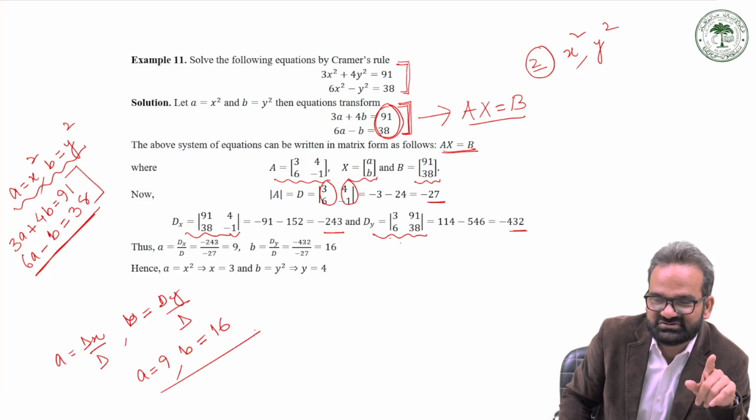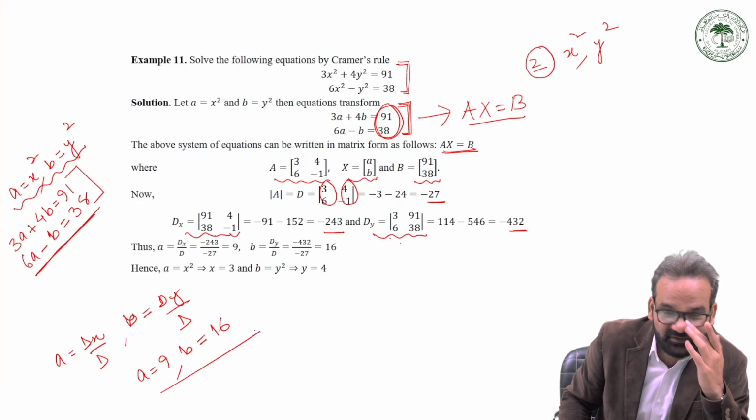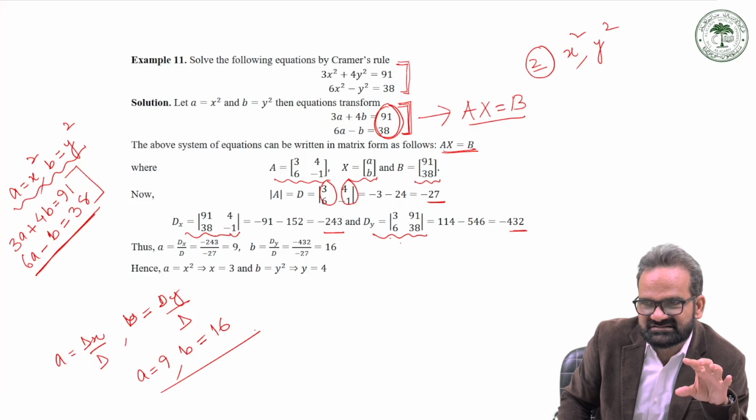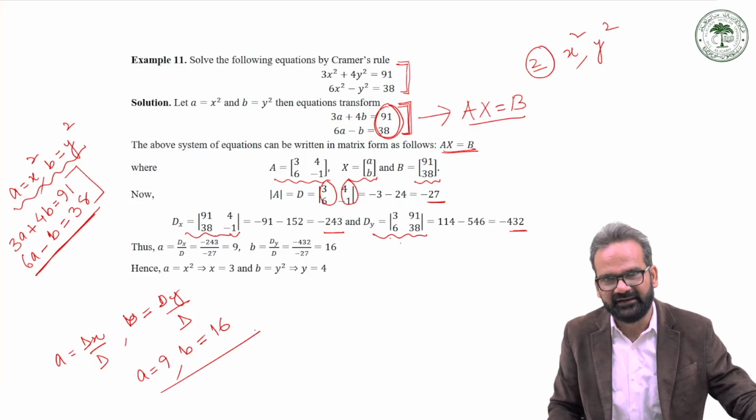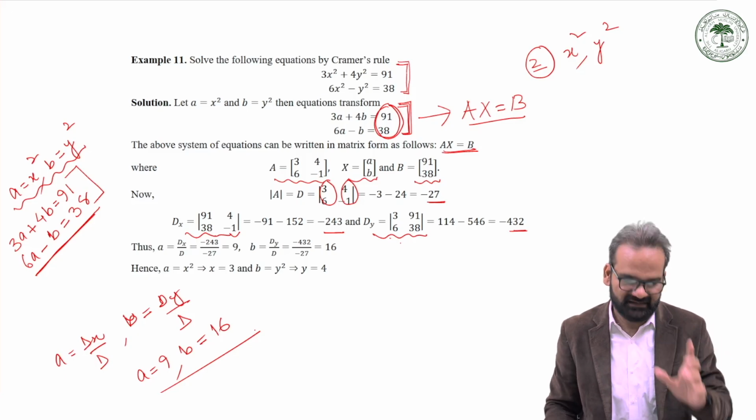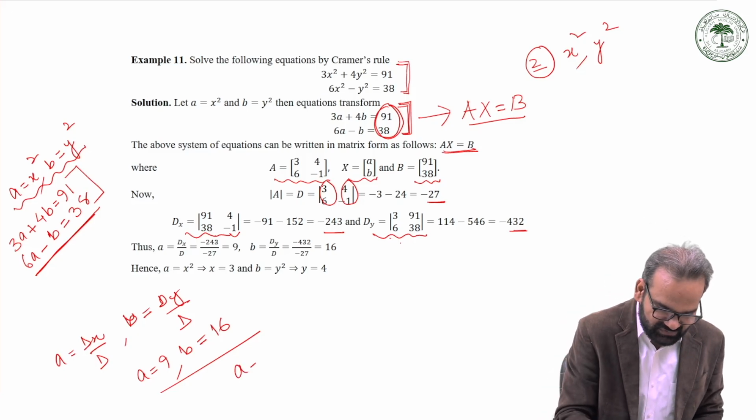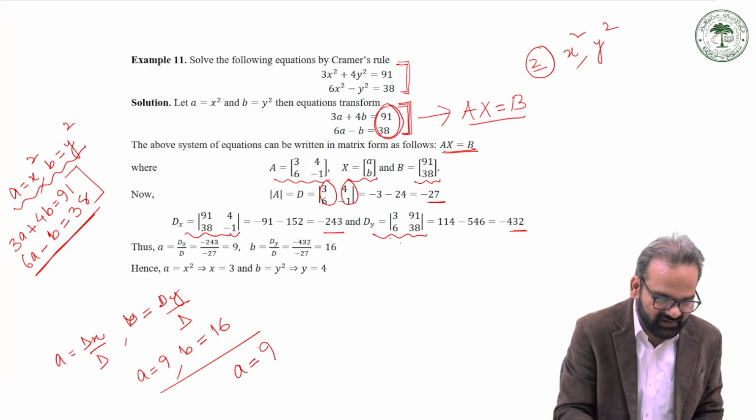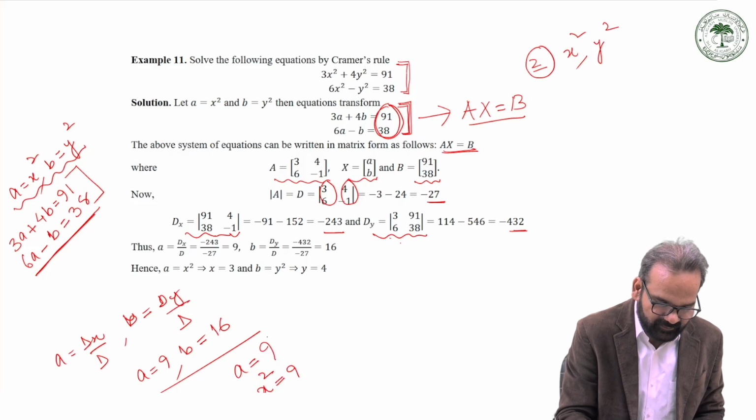And what substitution have we used? Because the original equations are in terms of x and y, not in terms of a and b, we will have to determine the values of x and y. So a equals 9 means we have taken x² = 9, and b we have taken y² = 16.